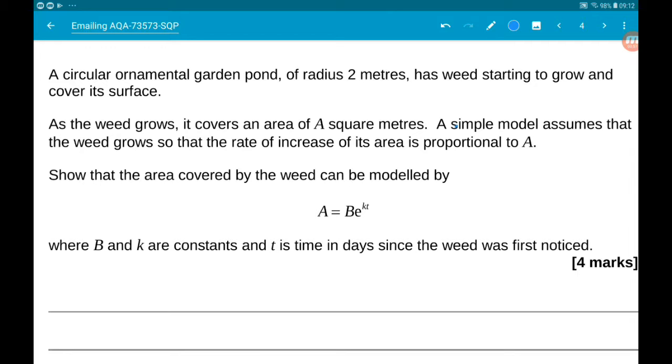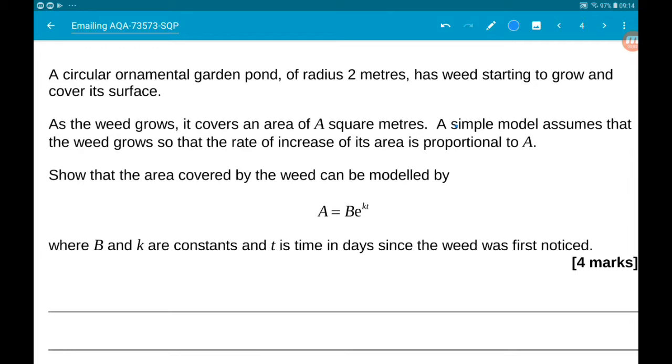We want to show that the area covered by the weed can be modelled by A equals B e to the kt, where B and k are constants and t is the time in days after the weed was first noticed.